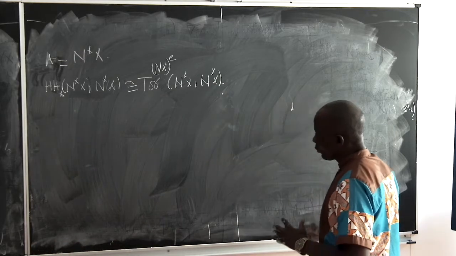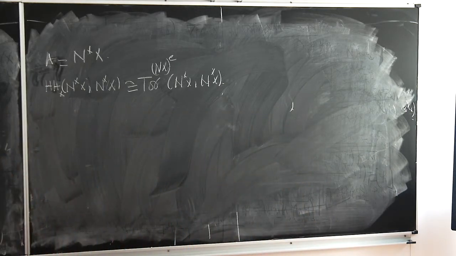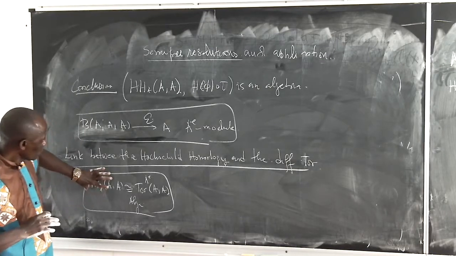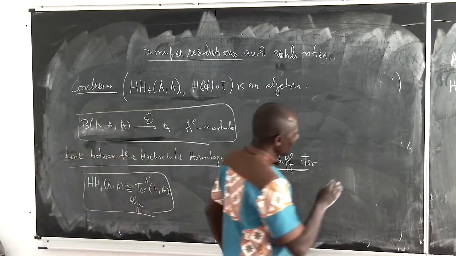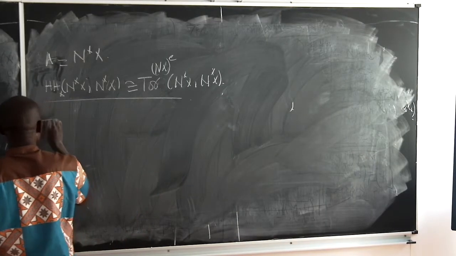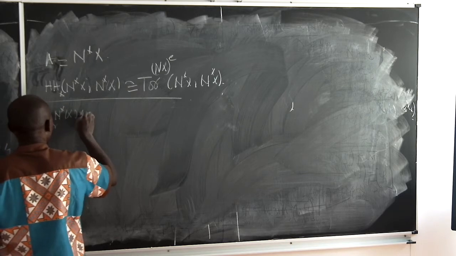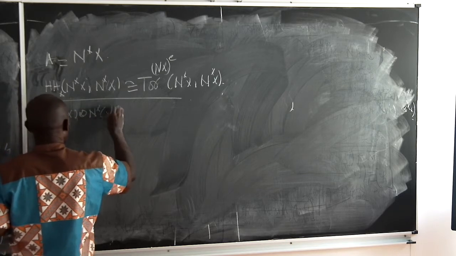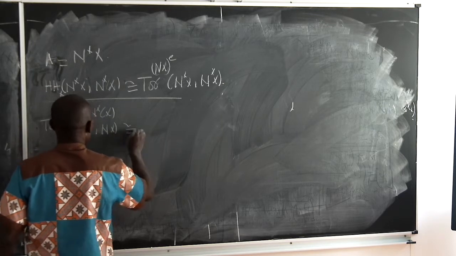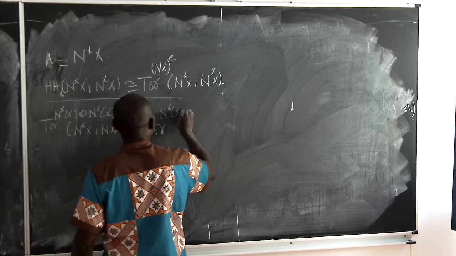Let me summarize what I did up to now. I have established that we have this relation firstly, and we also have the link between Nx tensor Nx, isomorphic to Tor of Nx plus Nx.